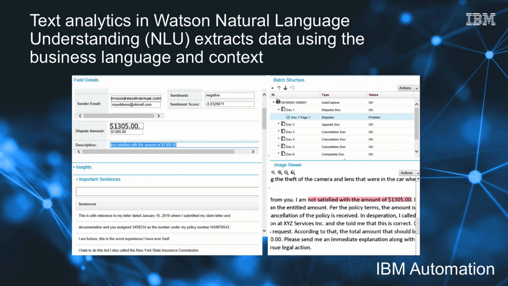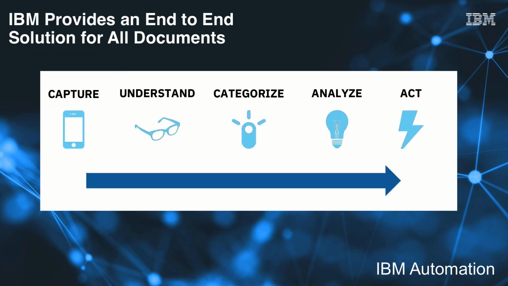All these text analytics are brought to us by Watson Natural Language Understanding built into Datacap Insights Edition. So IBM truly provides an end-to-end data capture solution for all documents, from capture, understanding, categorization, analysis, and action.